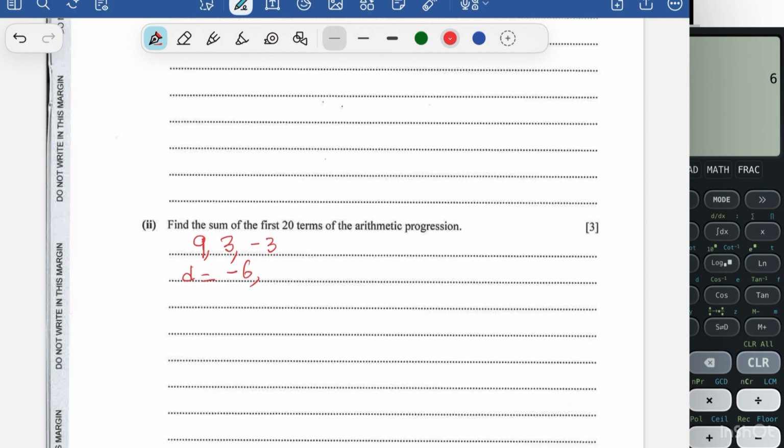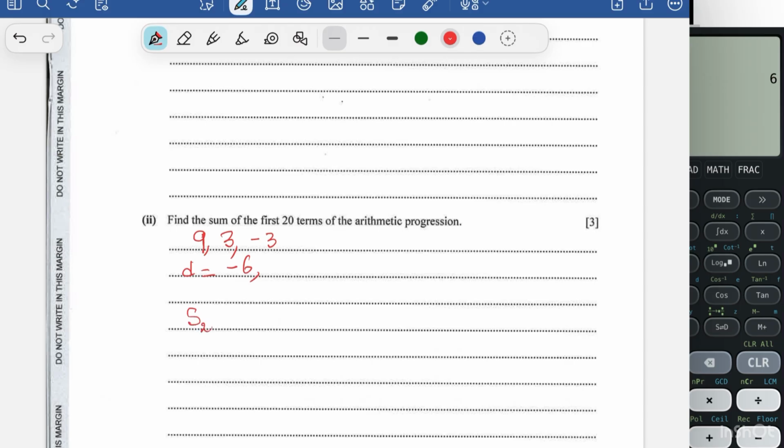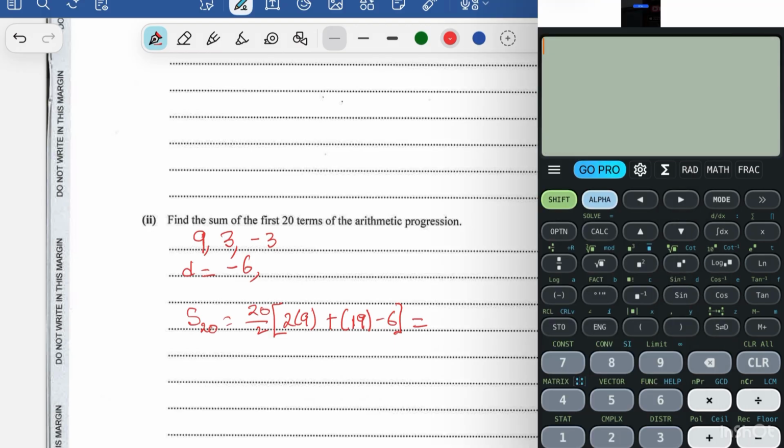So I just use the sum formula. S20 is 20 over 2, 2a, so 2 times 9 plus 20 minus 1 times minus 6. So you can press your calculator for that.